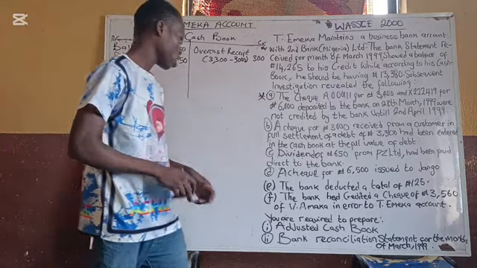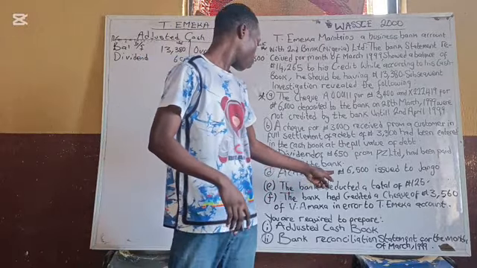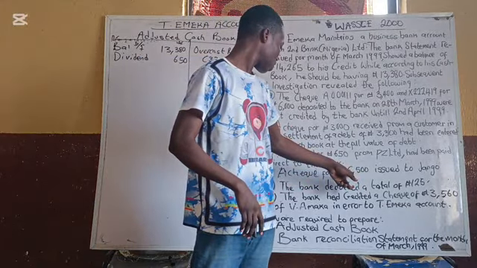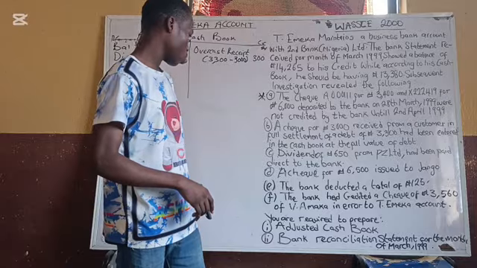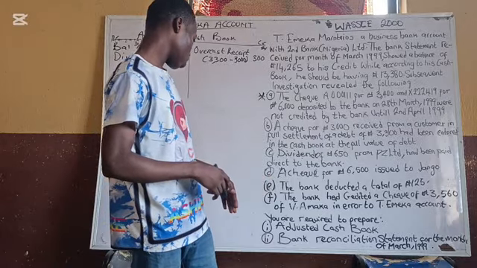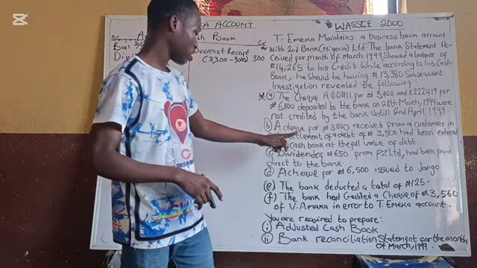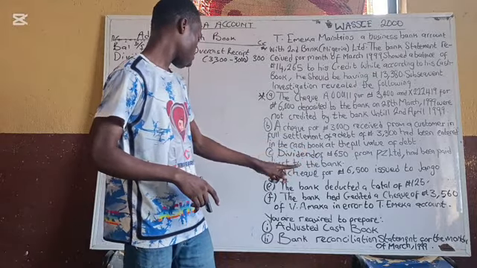Now the next one, a check for 6,500 issued to Jago was, wait, there's an error here, you made a mistake.